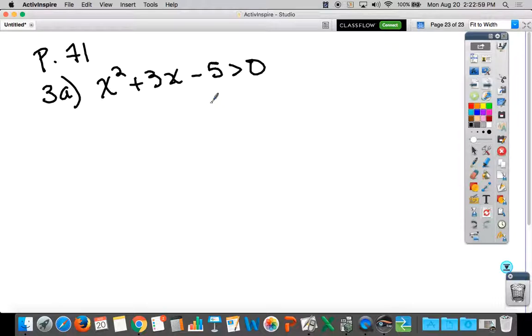Give me 2 decimals or 3 significant figures. Okay, so what are my 2 roots? 4.19 and 1.19. Oh, it's negative. Okay, negative. Thank you.